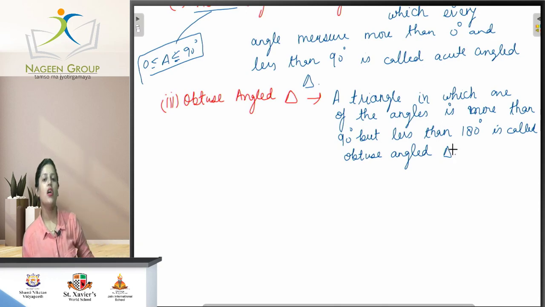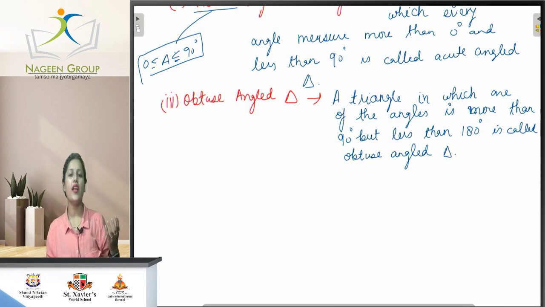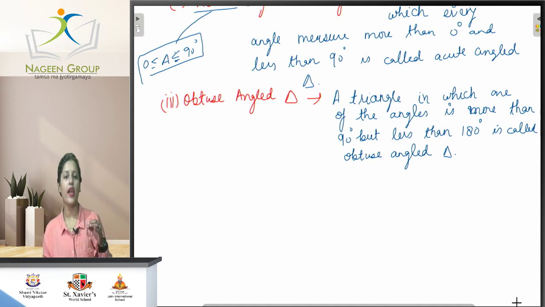Understand what it means? Obtuse means an angle that is more than 90 degree but less than 180 degree. So it is a triangle in which one of the angles is more than 90 degree but less than 180 degree.